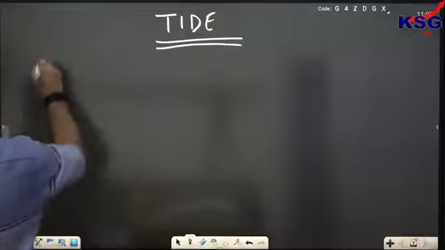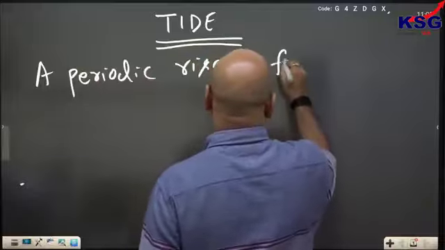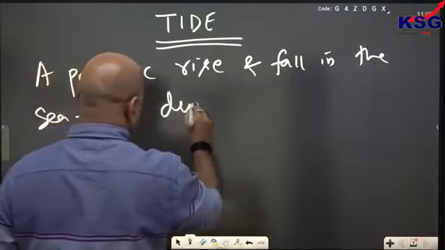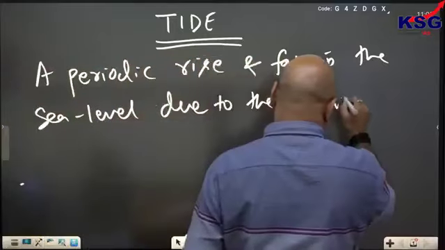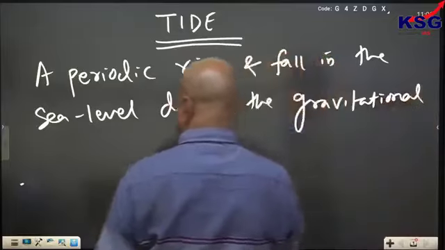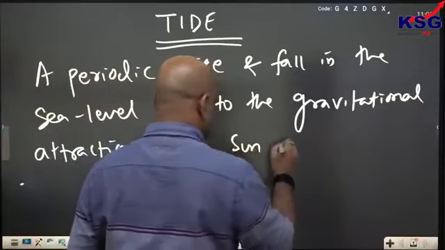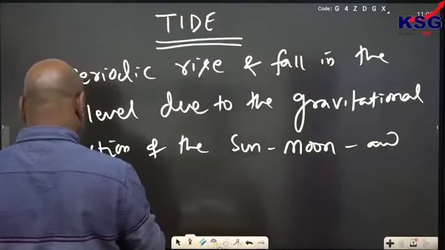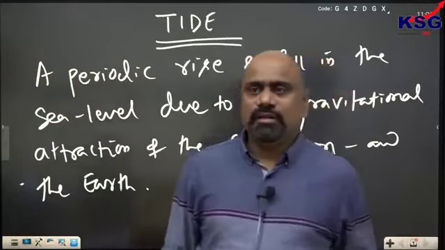In case of tide, I said, periodic rise and fall in the sea level due to the gravitational attraction of the sun, moon, and the earth is called as tide.